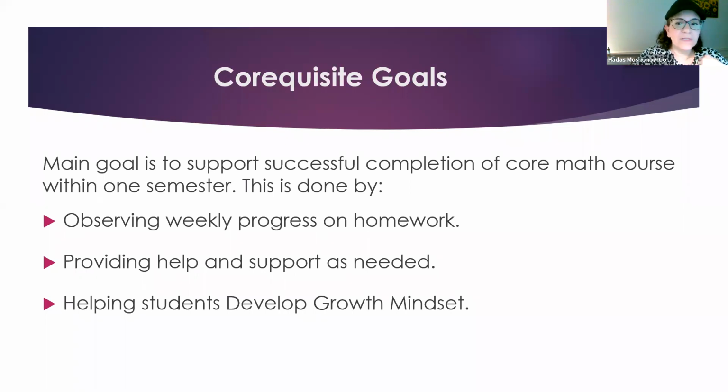We call this course the Corequisite Mathematics Lab, and 90% of the time, the students just come to the lab and work on their homework in the main course. The beauty of technology these days is that we can check on the spot if students are active on the homework system and what homework they're working on. If they get stuck, we can see that. So technology here is the key.